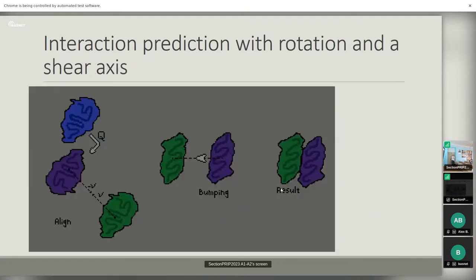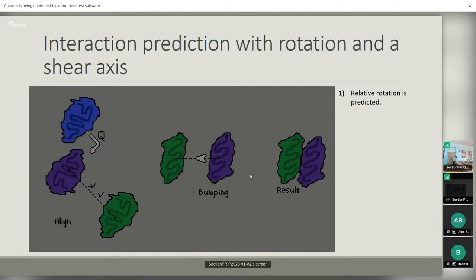So we propose another way to predict interaction with rotation and shear axis. What do we need? We need first to predict the relative rotation of these proteins.